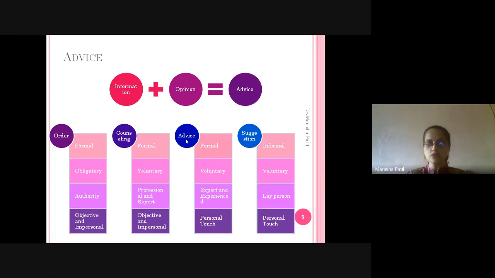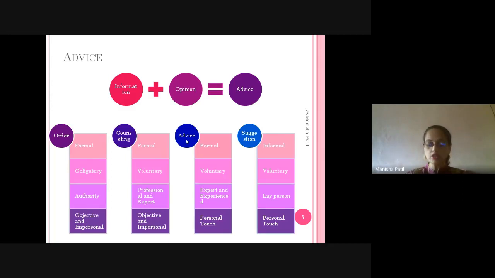Now we come to the last one, that is suggestion. It is informal, it is voluntary, it is given by layperson, and it has personal touch. So, for example, during the present corona crisis, everybody suggests that to improve your immunity, you should take some home medicine. People tell each other, do this, do that.